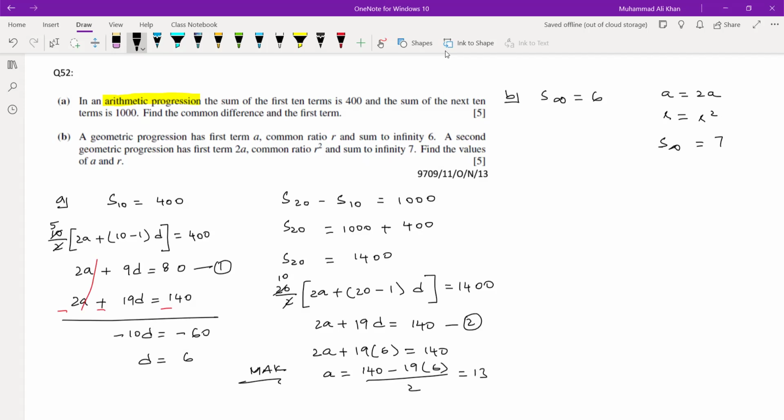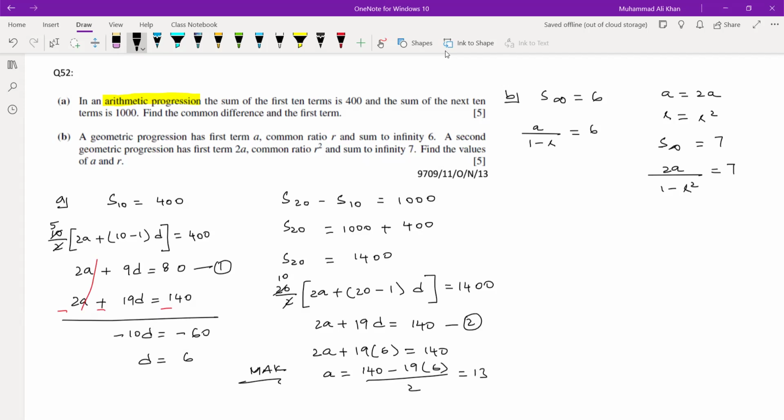Here, sum to infinity is 6. So can I say that it will be a over 1 minus r equals 6? Yes. Simple, by the help of the formula of sum to infinity. And for this, can I say that 2a over 1 minus r squared equals 7? By the help of the sum to infinity formula, r is r squared, a is 2a. यहाँ तक कोई confusion नहीं.